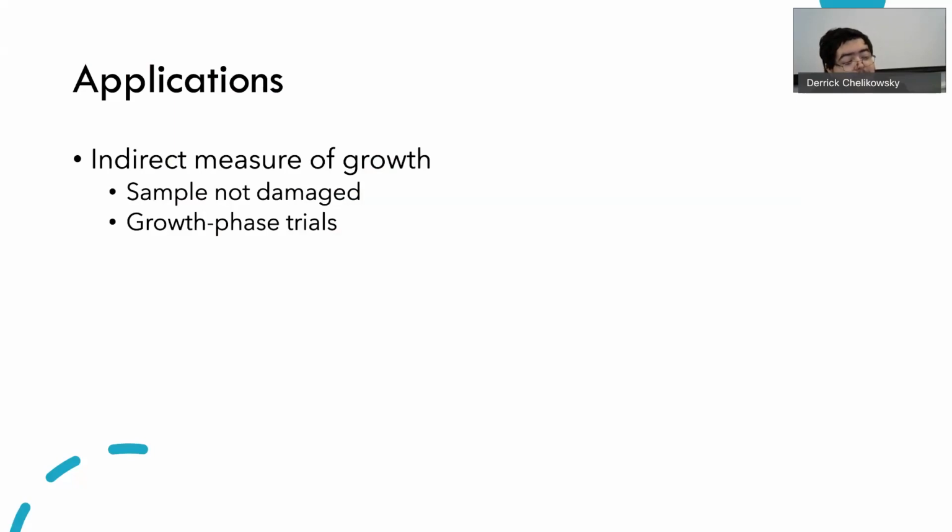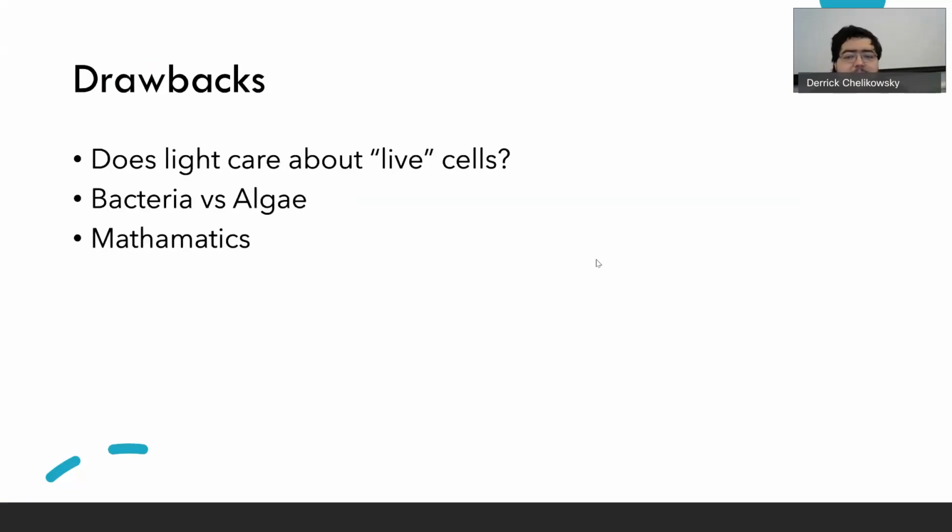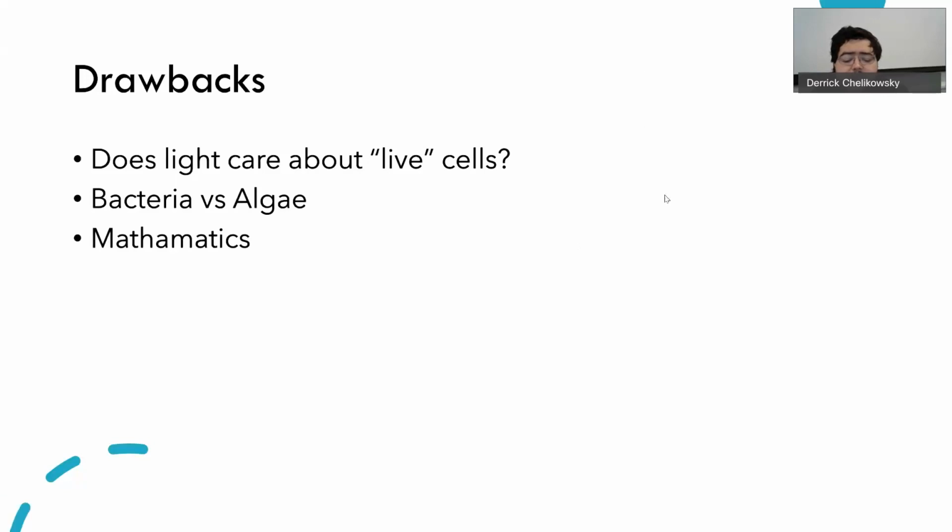But once again, there's a major flaw to this method, and that is that the light does not care if your sample is live or dead. And that is the major drawback of this. That a dead cell still causes turbidity.